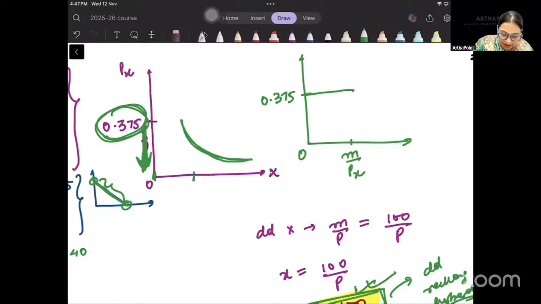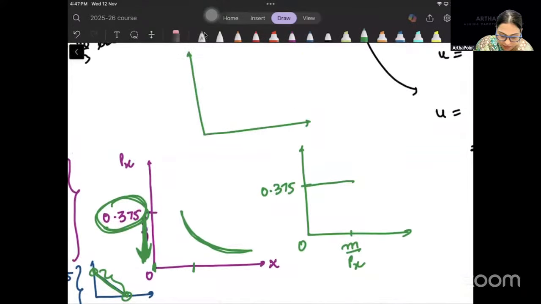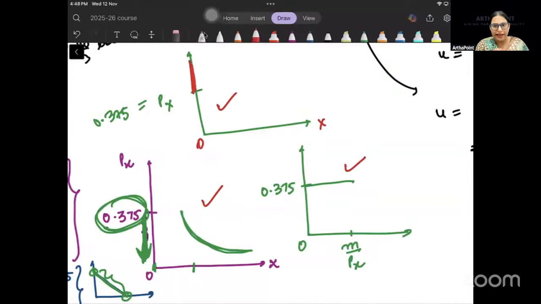And if the price is above 0.375, then the demand for x will be 0, because I will switch to Y. So this and this clubbed together is the demand of good X.